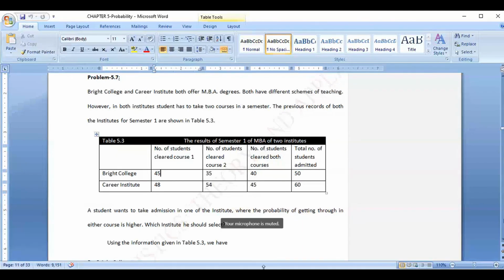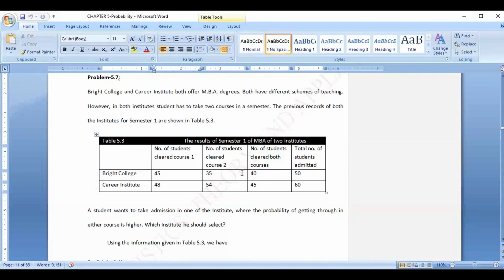Okay, so let me repeat. What is shown on the table is the information regarding the admissions given to two colleges, and both the colleges offered the same course 1 and course 2. The number of students appearing for course 1 is 45 in the first college, 35 for course 2, and there are common students for both courses, that is 40 out of 50.